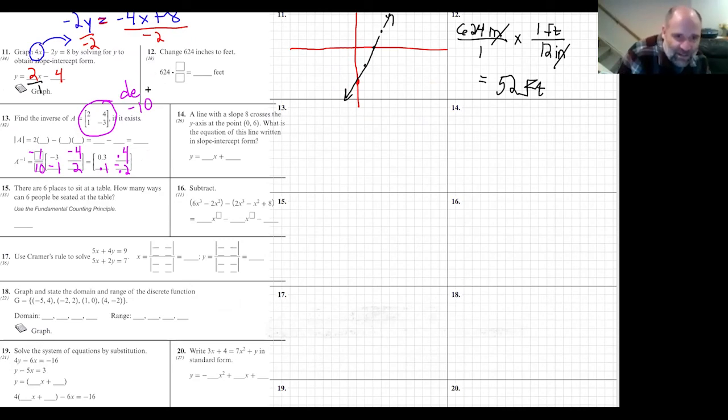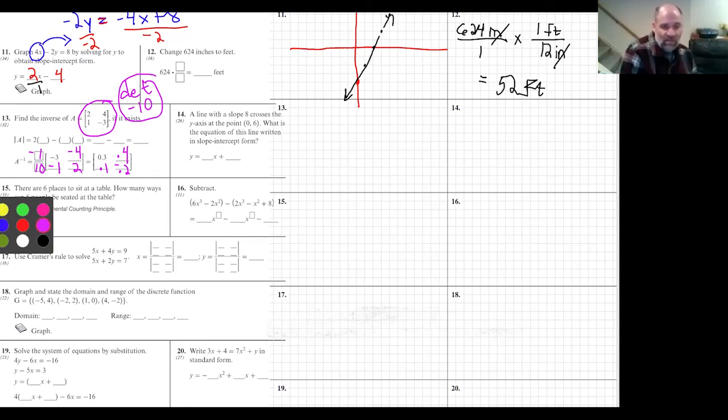And then flip it over, and it's -1/10. And then this matrix, you're changing locations of the 2 and the -3, and instead of changing the locations of 1 and 4, you're just negating them. So it's a lot to remember, but you guys can do it. Make sure you remember that before you take your test.